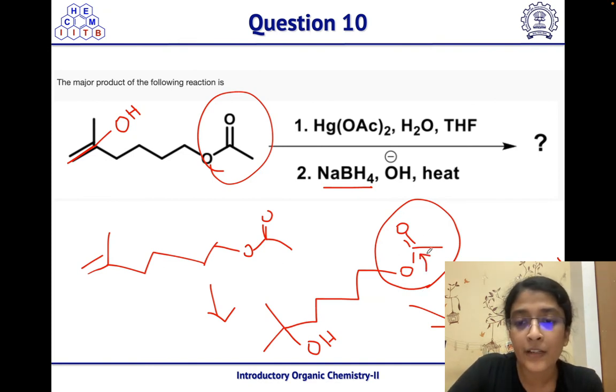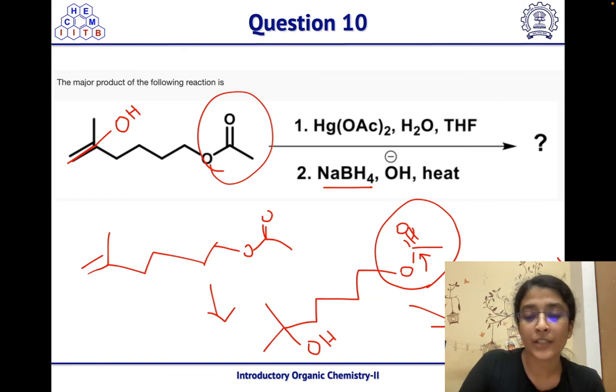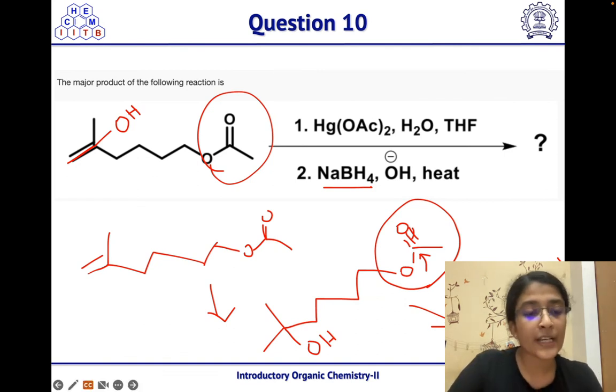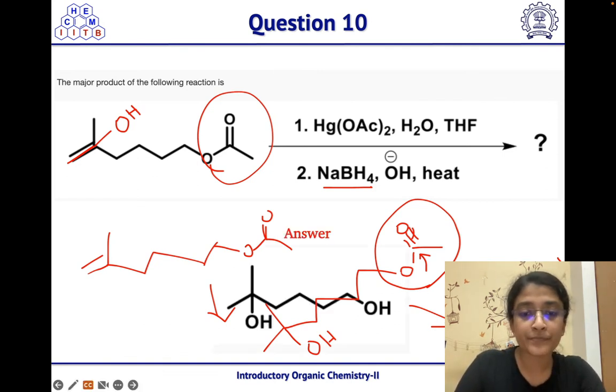Hydride will add, it will lead to formation of O minus. Then upon falling back, this bond will break and it leads to formation of alcohol. So the correct option will be this one, a tertiary alcohol, and a primary alcohol will be formed upon this reduction of ester. Clear?